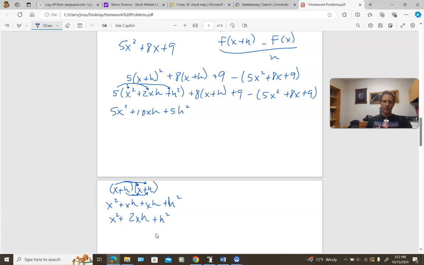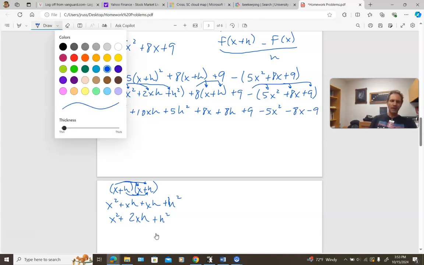Okay, then I'm going to come over here and distribute the 8. 8 times x is 8x. 8 times h is 8h. You still have the plus 9. And then you're going to distribute your negative. So this will become a negative 5x squared, a negative 8x, and a negative 9.